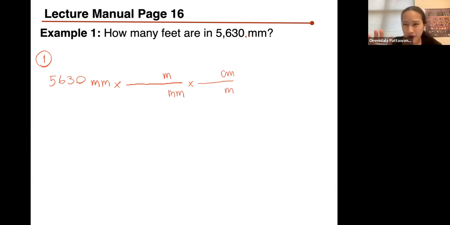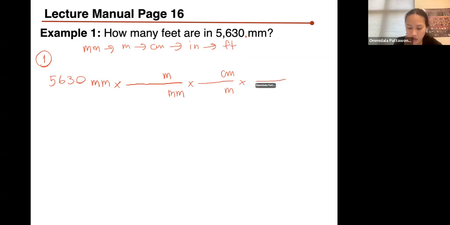So don't add any numbers yet. I'm just going to write this out as a plan. Our plan earlier goes from millimeter to meter, to centimeter, to inch, and then to feet. So the next step would be to go to inch.